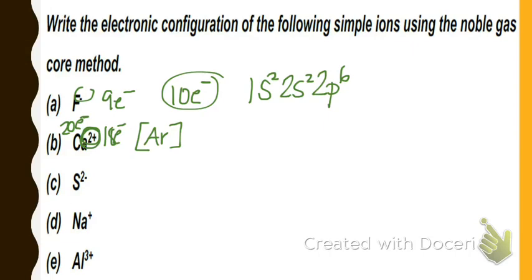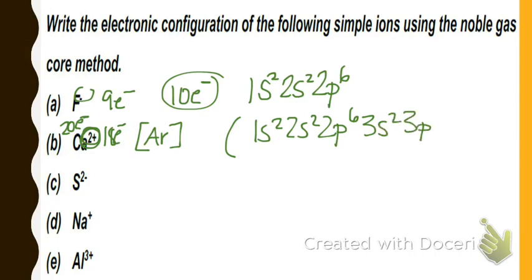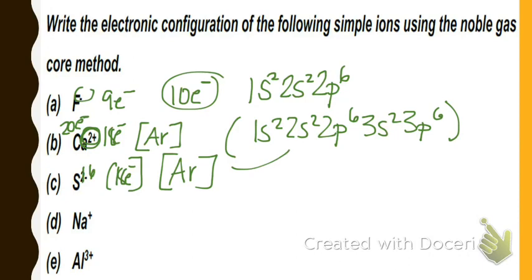It would have the same configuration, which is 1s2, 2s2, 2p6, 3s2, 3p6. Okay? Sulfur 2-, guess what? Normally it has 16, but because we added 2, it also has 18 electrons. So again, it's going to have the same electron configuration as argon.